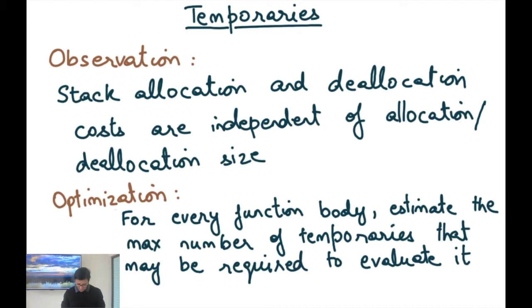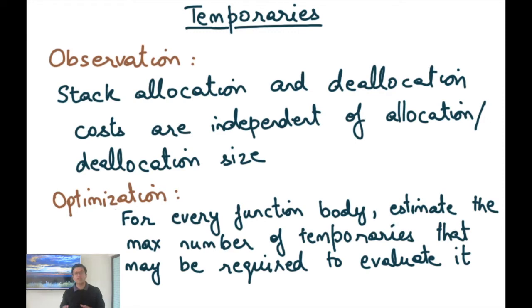And also, because we are going to do this at the granularity of a function body, the best place to store these pre-allocated temporaries would be in the activation record of that activation. Also, this allocation can be done at function entry, and the deallocation can be done at function exit.